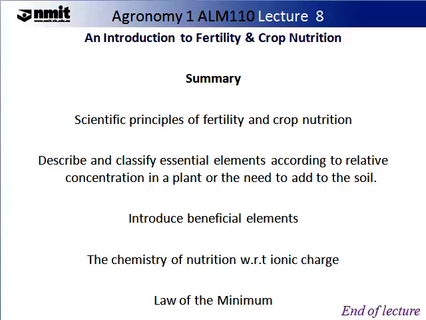We introduced not only essential elements, but beneficial elements. We briefly looked at the chemistry of nutrition with respect to ionic charge and that importance. And we ended this lecture by learning about the law of the minimum, an important concept that should be applied in agronomy.